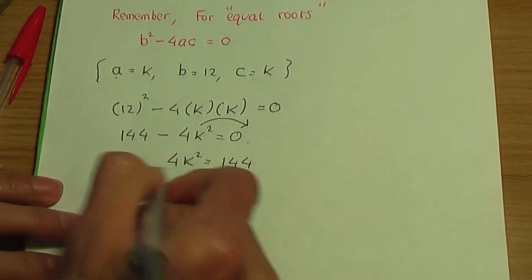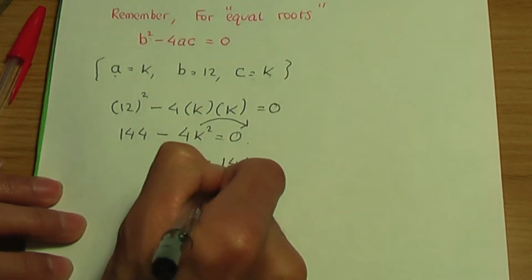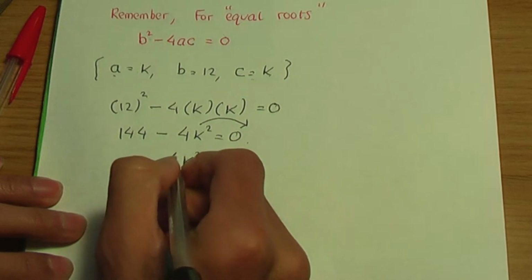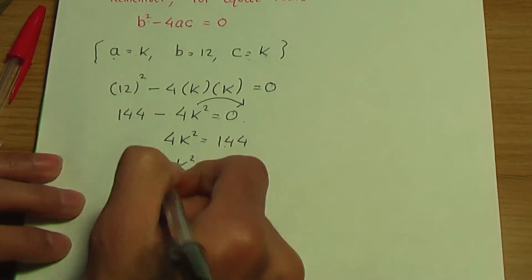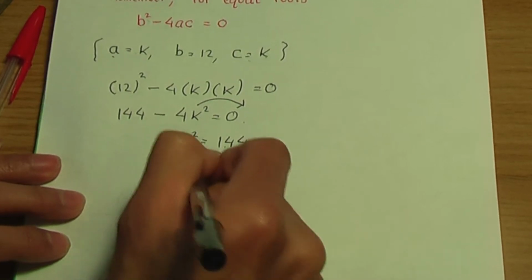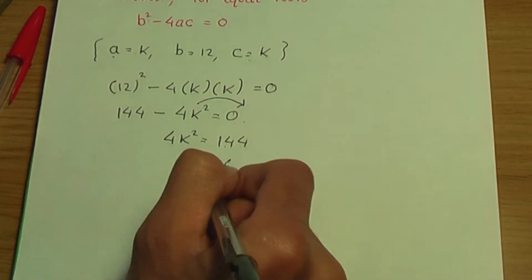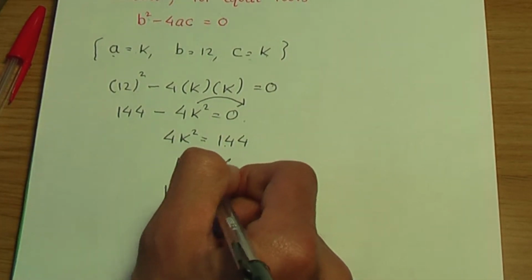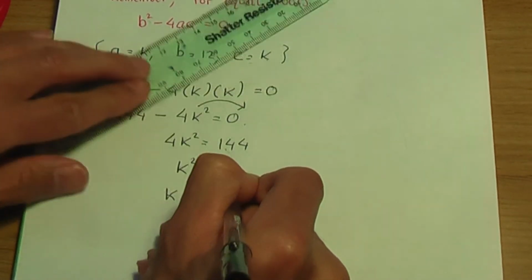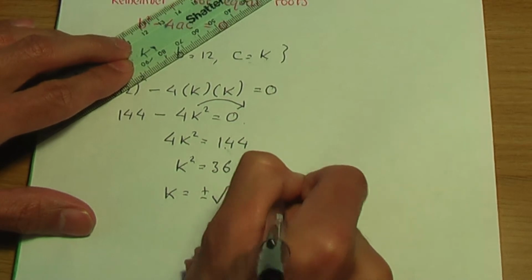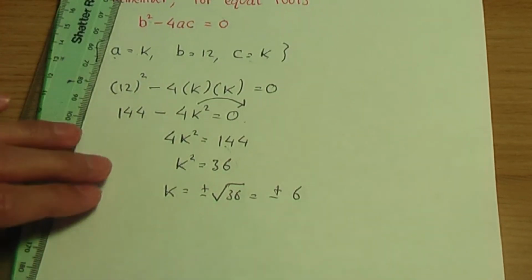And if we divide both sides by 4, k squared will be 144 divided by 4, which is 36. So therefore k will be plus or minus the root of 36, which is plus or minus 6.